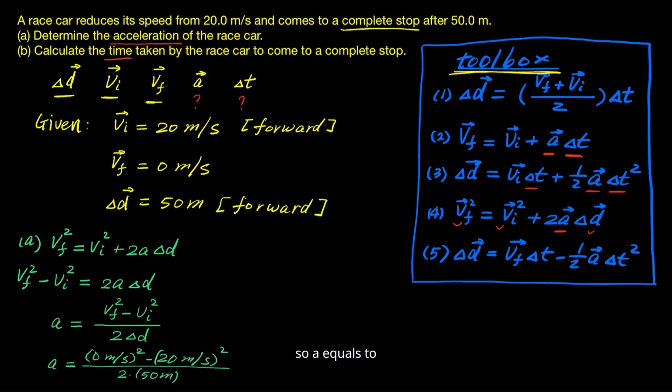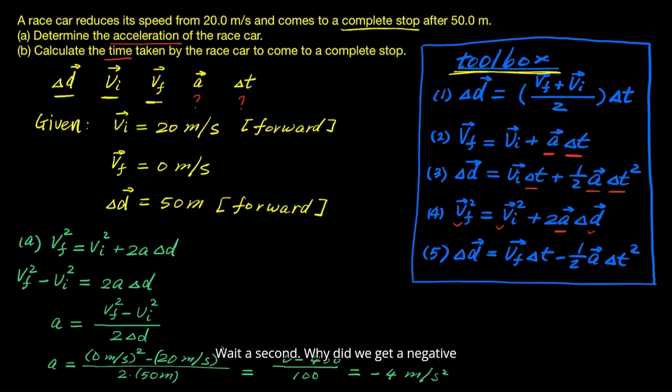So a equals 0 minus 20 squared, which is 400, divided by 2 times 50, which is 100. So it equals minus 4 meters per second squared.